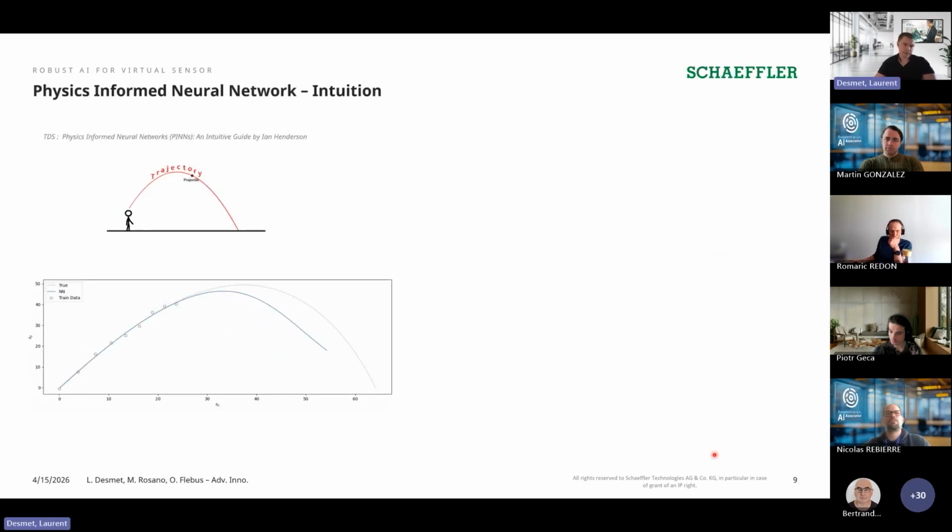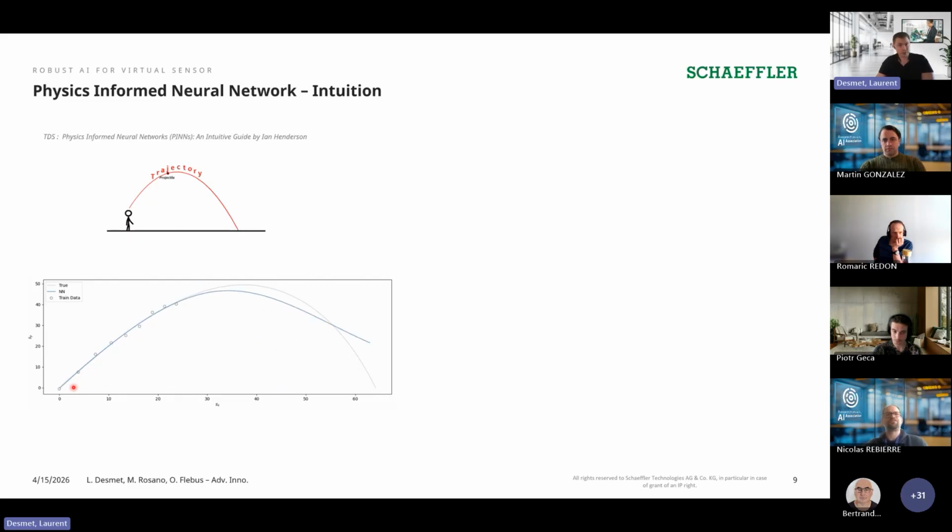The second family of solutions is the broad family of scientific machine learning. But what we know the best is the physics-informed neural network. For the people who don't know what a physics-informed neural network is, think about embedding a data-driven approach with physics laws. So for example, let's assume you throw a ball over there and you want to predict the trajectory. But you collect only points here, all right? This is only the points you've collected. From a neural network, data-driven perspective, there is no reason to provide a trajectory which will eventually fall, right?